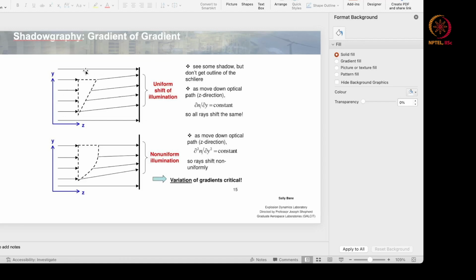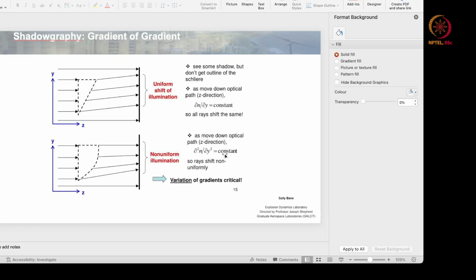All right. However, if you have a situation where n is no longer a linear function of y, or in other words, this is an arbitrary profile in which n is definitely not linear in y anymore, let's assume that the second derivative of n is actually a constant.